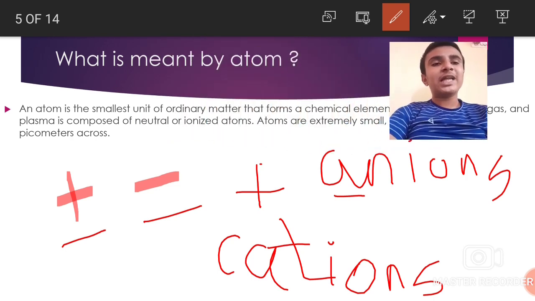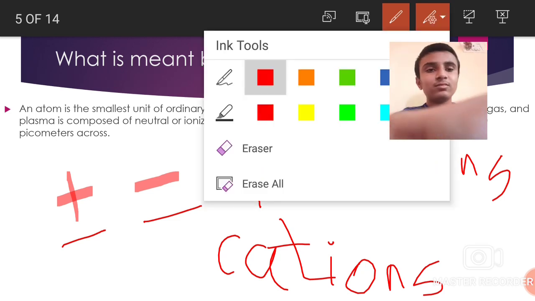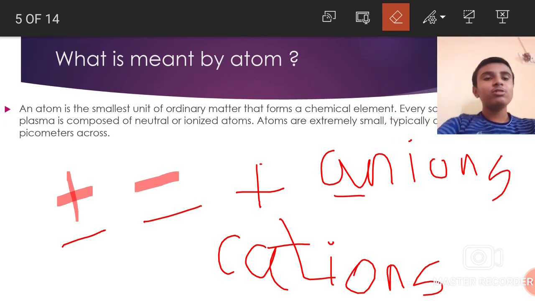So it is simple to understand: positive charge means cations and negative charge means anions. Okay, friends, let me erase all this.